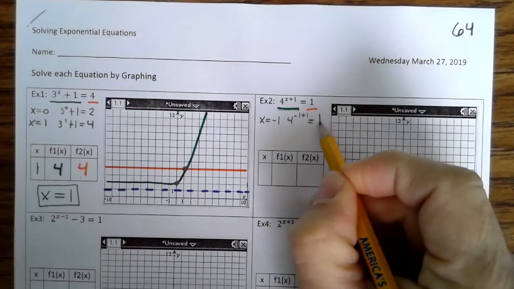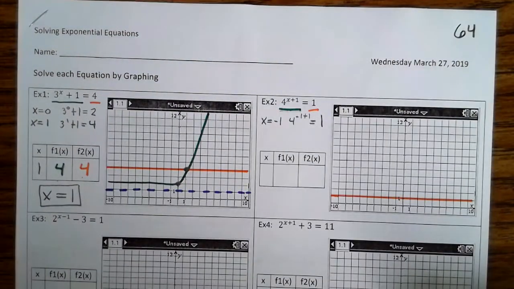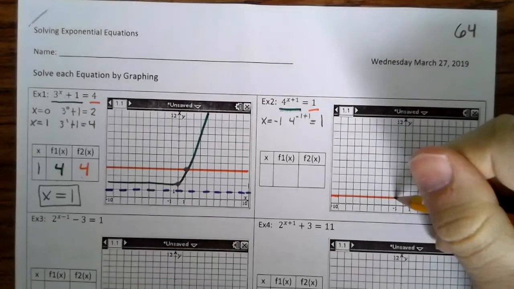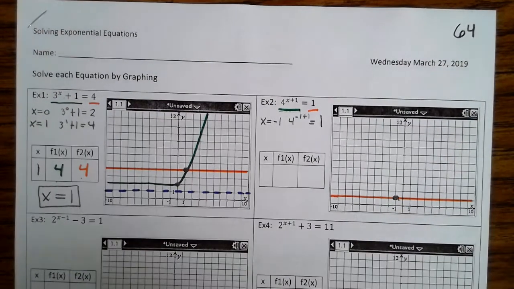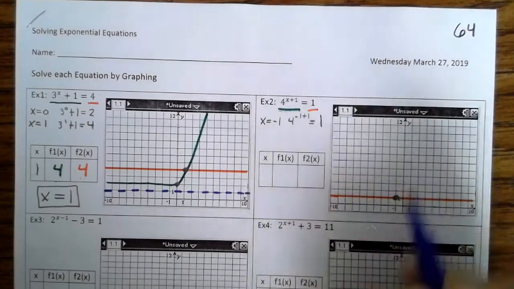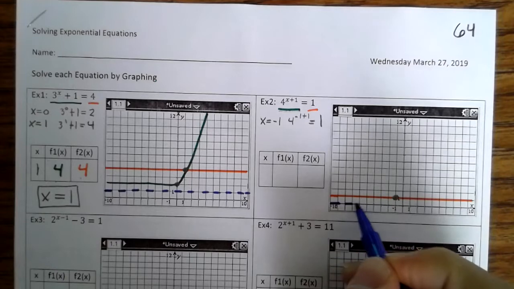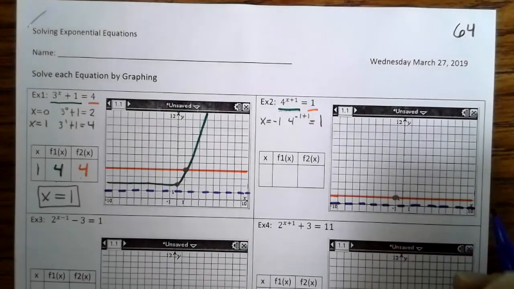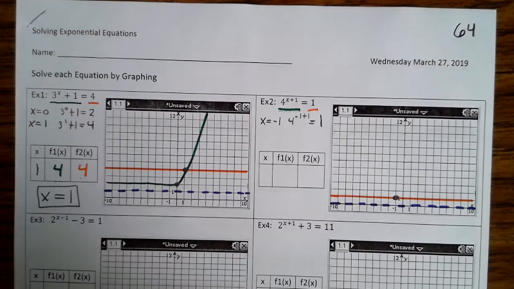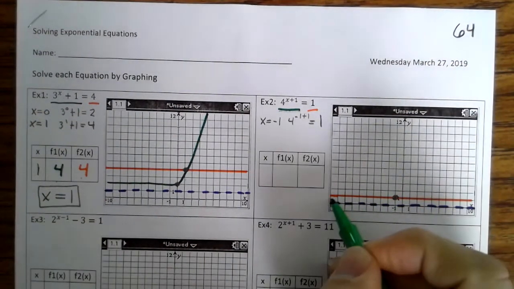So at negative 1, you see here that they intersect. We know we have an asymptote at 0 because there's no vertical transformation. We know for exponentials, our curve is like this.